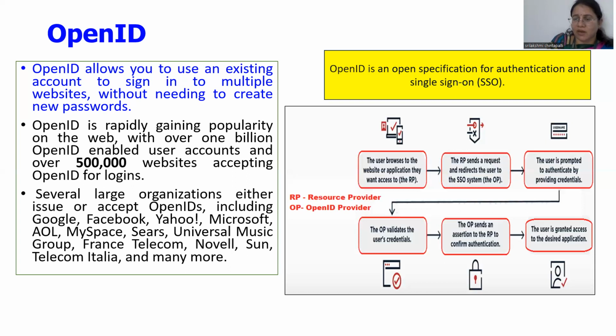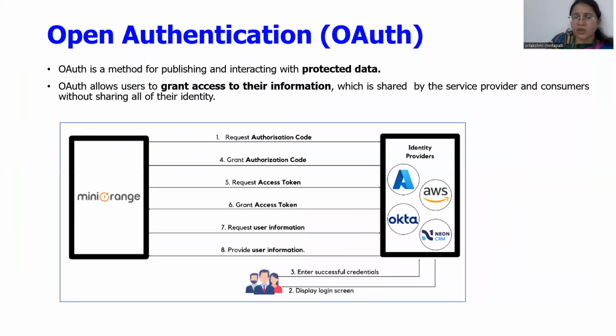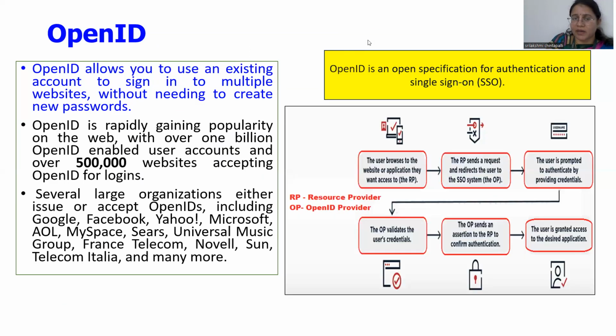So the OpenID provider, again, is a third party organization, where they will verify and send the information to the resource provider that yes, you can grant access. The only difference between open authentication and OpenID is that multiple tokens, multiple codes, multiple keys, or multiple credentials are not required. One single sign-on is enough for so many cloud environments, cloud-based websites.